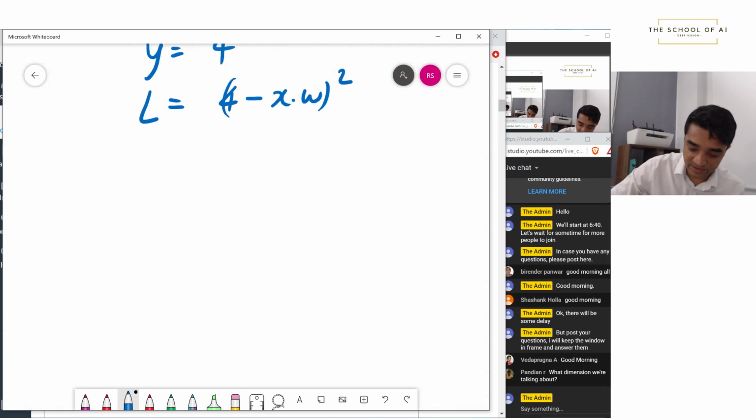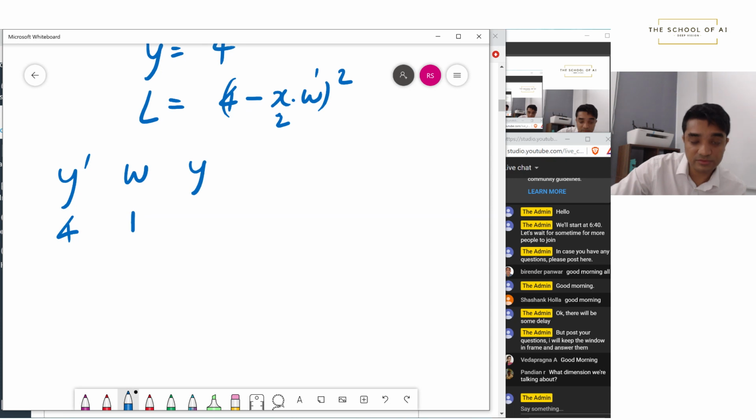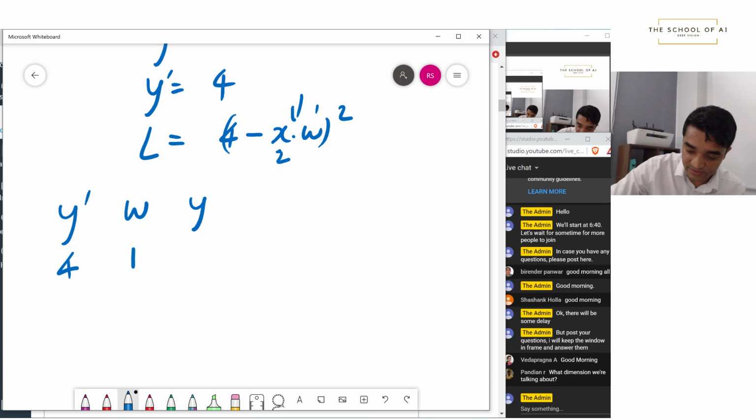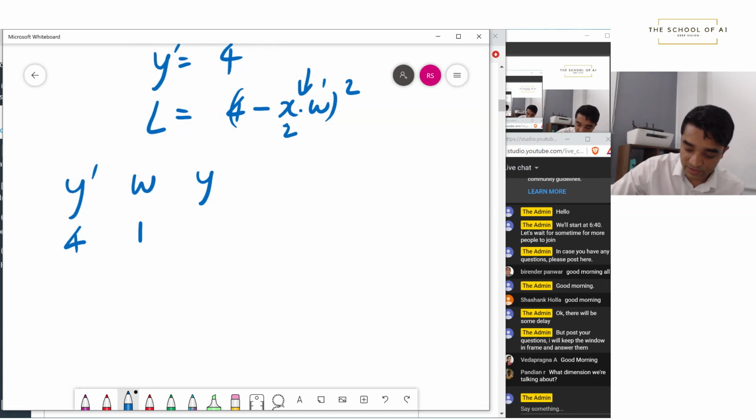So let me write the stuff first so we don't get confused. So this y dash, what we want to predict, this is the value of w right now. This x is equal to 2, so we don't need to worry about that. Okay, so y dash is 4, w is 1, and what is y we are going to predict? If w equal to 1 and x equal to 2, that is 2 into 1, which is going to be 2, right?